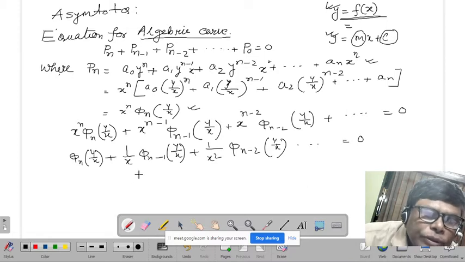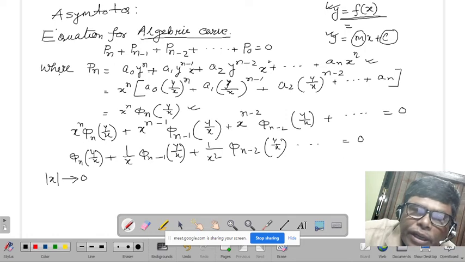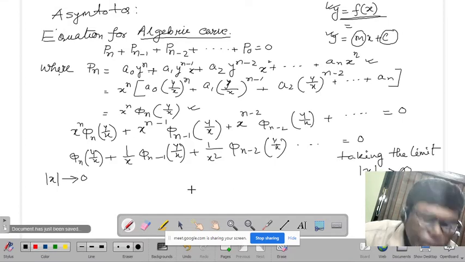Now if we take modulus x tends to infinity, that is taking the limit, mod x tends to infinity, okay.